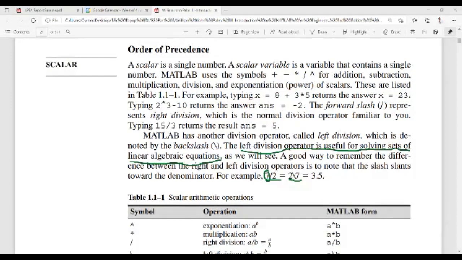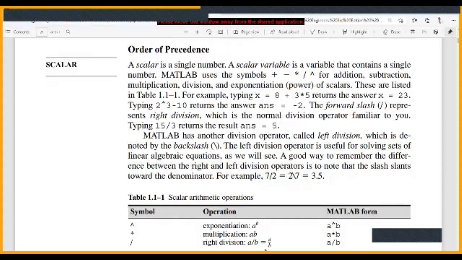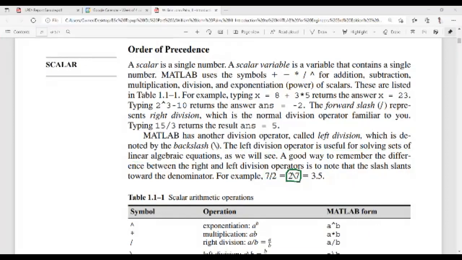But here, 2 was divided by 7, but they are using a backslash. So it will reverse it and divide it. You are getting the idea. So the first one is 7 forward slash 2, that is the normal division sign. But if you want to use the backslash, you have to interchange the positions. Have you seen it?